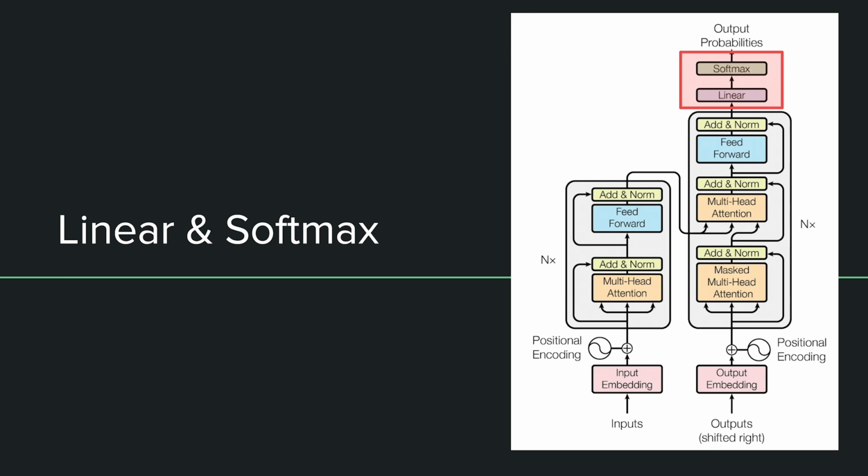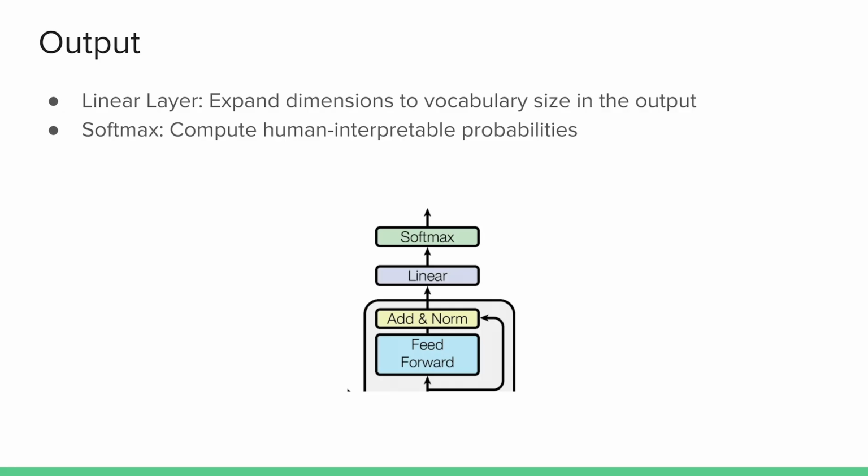Now, we have basically all our blocks except the linear and softmax things at the output, but those 2 blocks are something that we've already seen in other neural networks, in a way that the linear layer is somehow processing our data to make it more meaningful to process. In our case, we can use that linear layer or a fully connected layer to expand the dimensions to our vocabulary size in our output.